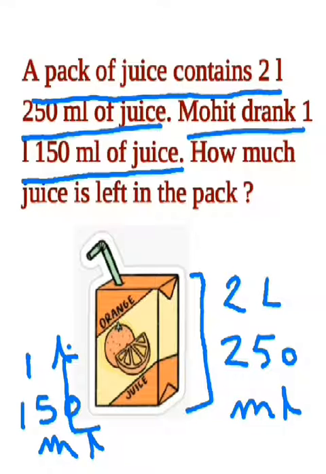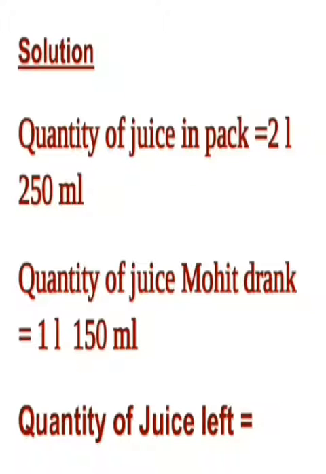Now children, what we have to find out? Yes, we have to find out that how much juice is left in the pack. So children, these information we have received from the question.